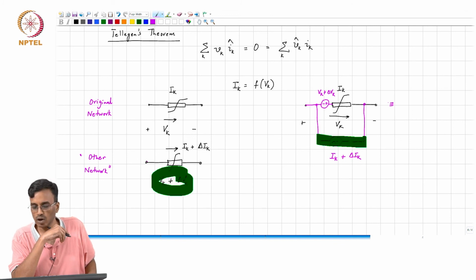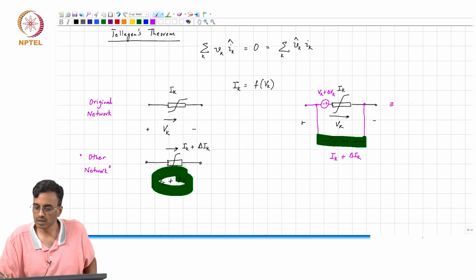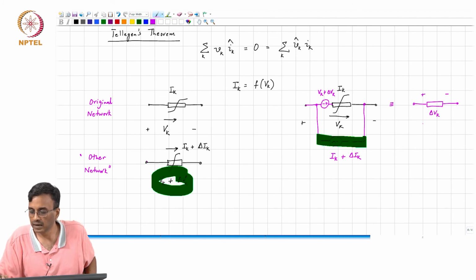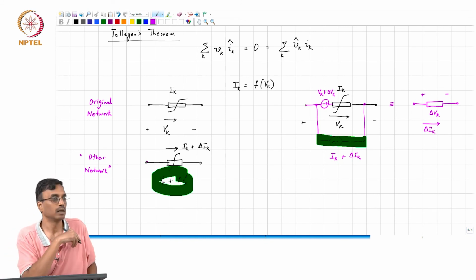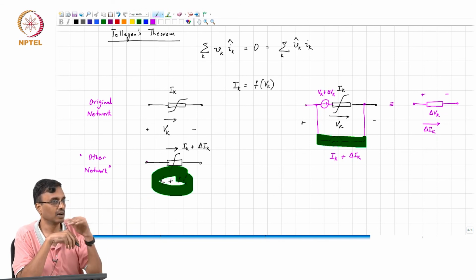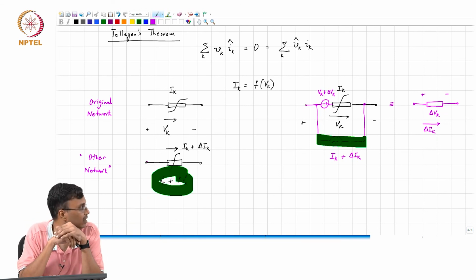All right. So now what is the net voltage across this branch? The voltage across this branch is delta Vk, and the current through the branch is delta Ik. I have flipped the picture on the right so that delta Ik flows in that direction, but otherwise everything is the same. Does it make sense, people?